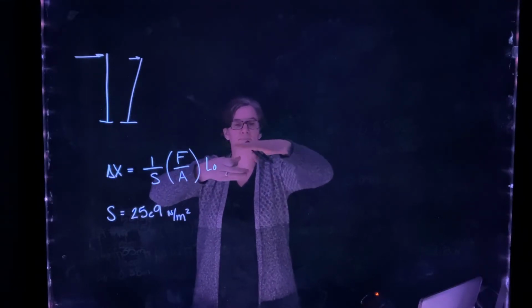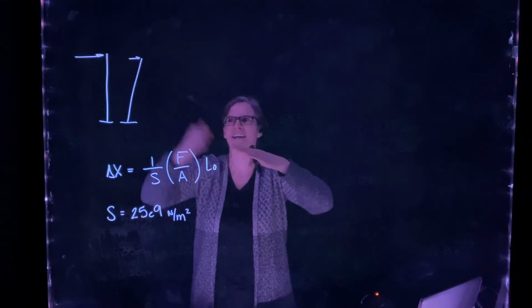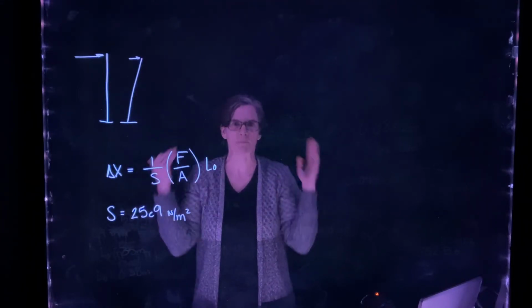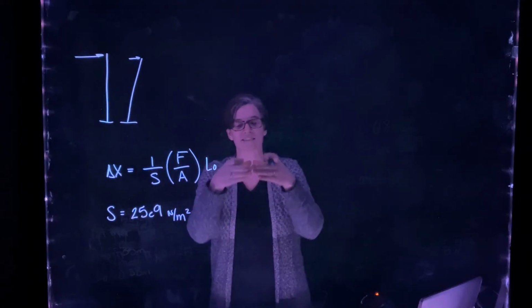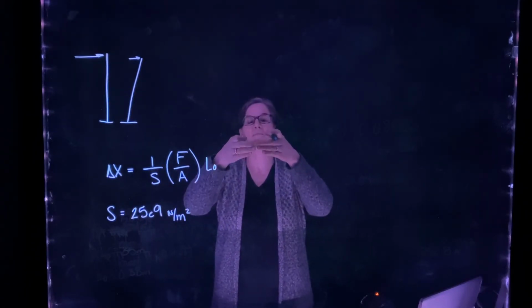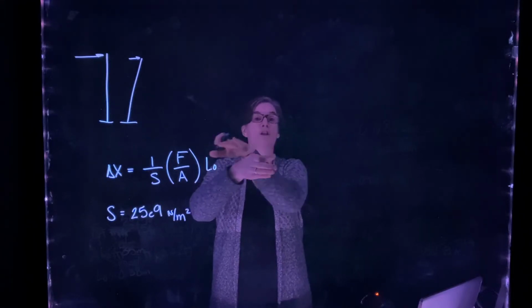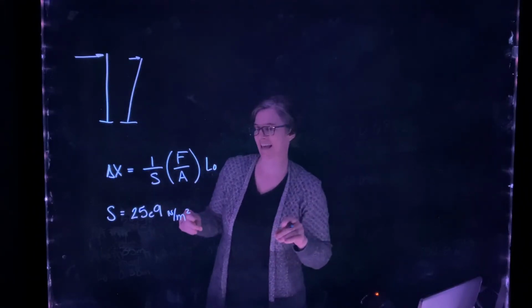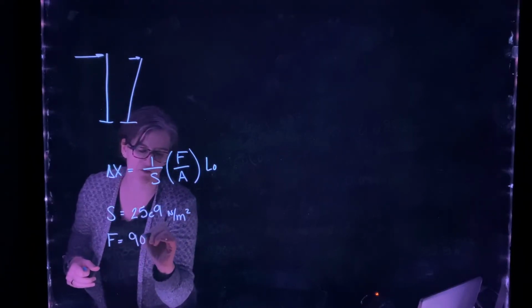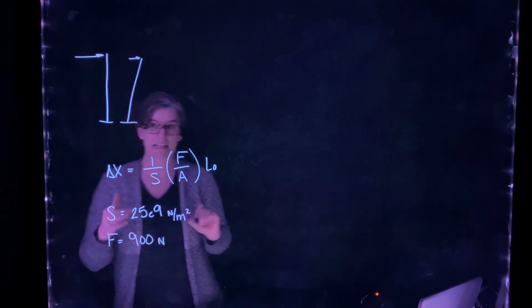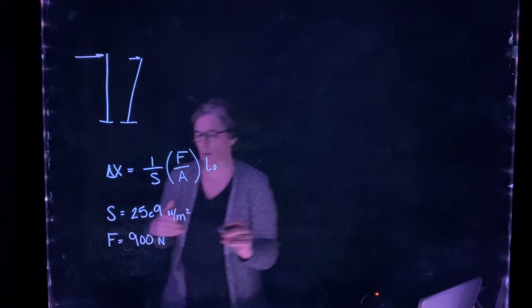Here's the object, it's acting perpendicular. That's visually easy to see. It's parallel to the area. So if the area of my pole is that cross-sectional area of the pole, the force is along that same plane as that area. So our force is given at 900 newtons, and it's in the appropriate dimension and direction for which we're looking at this problem.